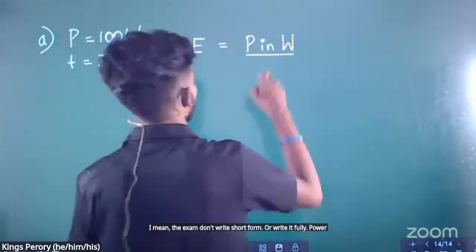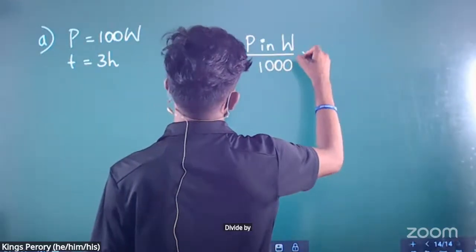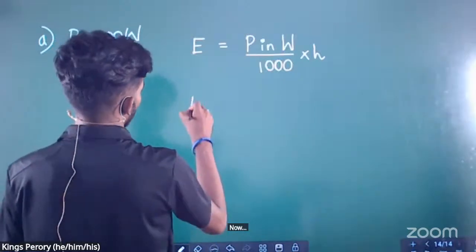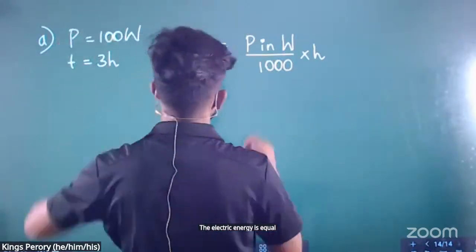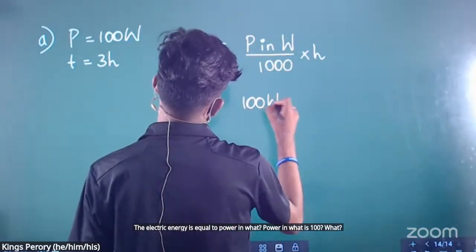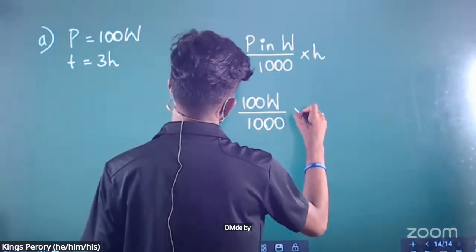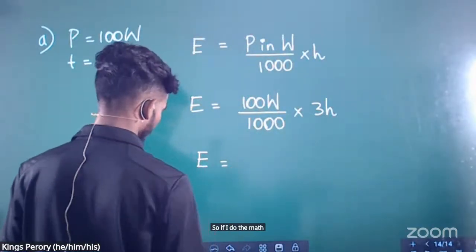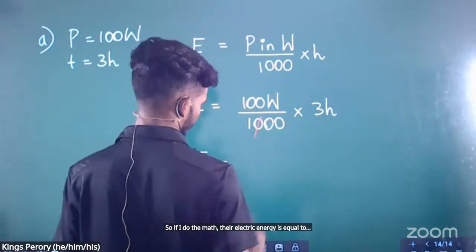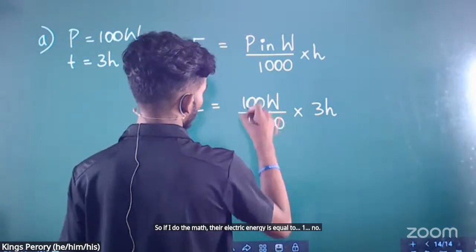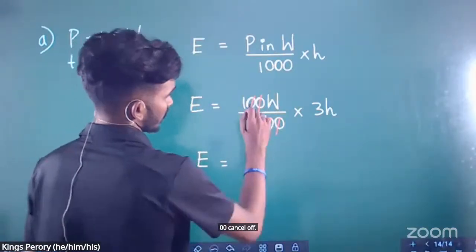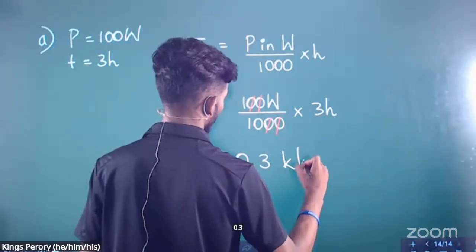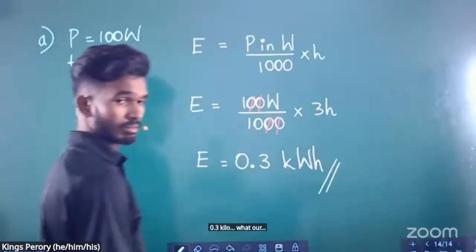So electric energy is equal to power in watt, 100 watt, divide by 1000 multiplied by number of hours, 3 hours. Zeros cancel off. 3 divided by 10 is 0.3 kilowatt hour.